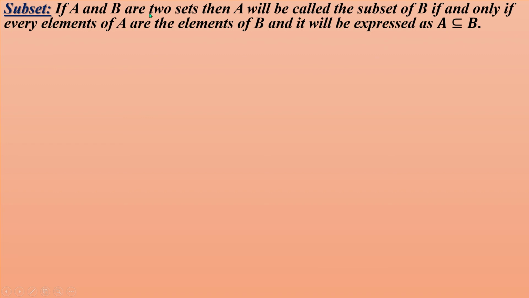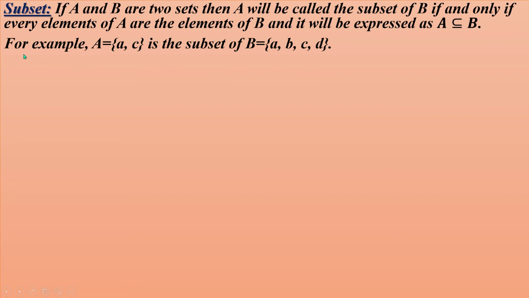Subset. If A and B are two sets, then A will be called a subset of B if and only if every element of A is an element of B, and it is expressed as A subset of B. For example, A is equal to A, C is a subset of B, as B is equal to A, B, C, D. The elements of A are the elements of B. That means A is present in B, also C is present in B. So A is a subset of B, but B is not a subset of A because here B is present, but here B is absent.